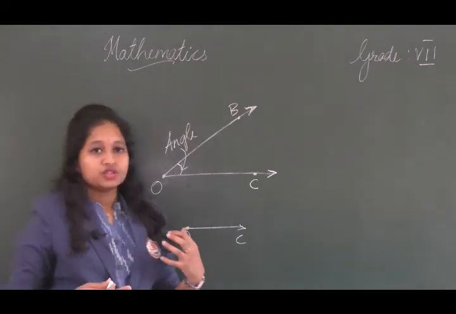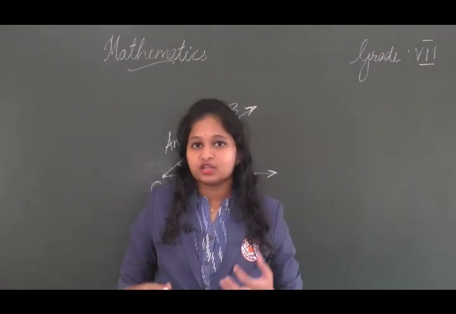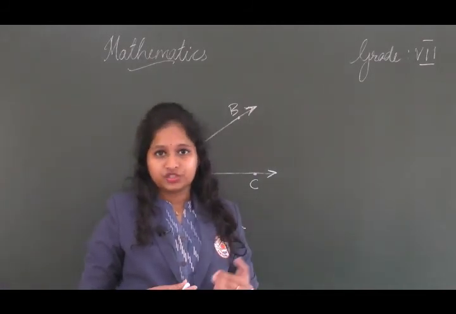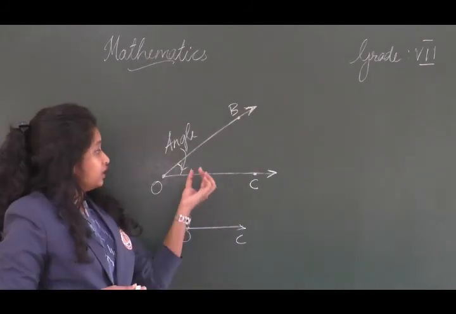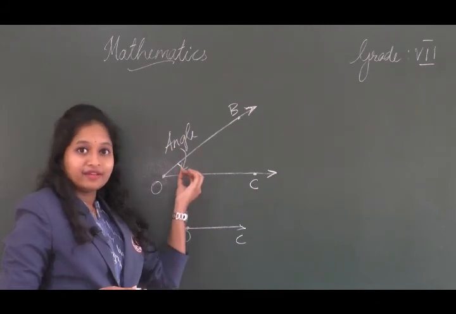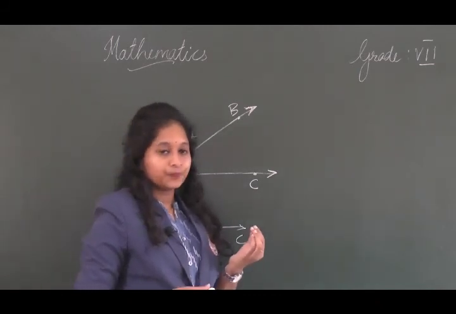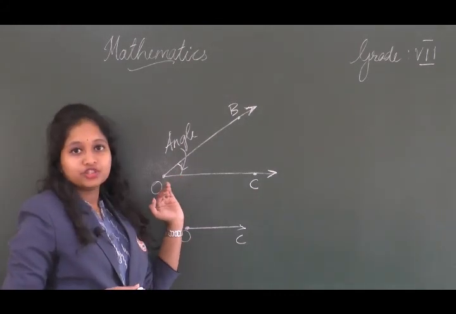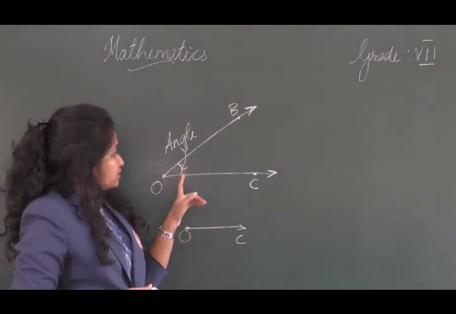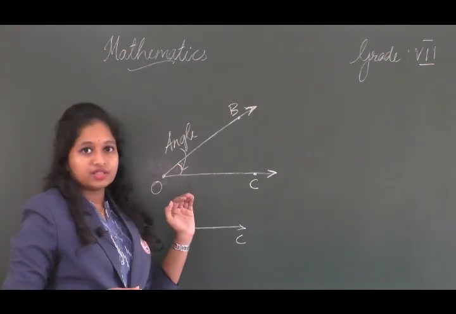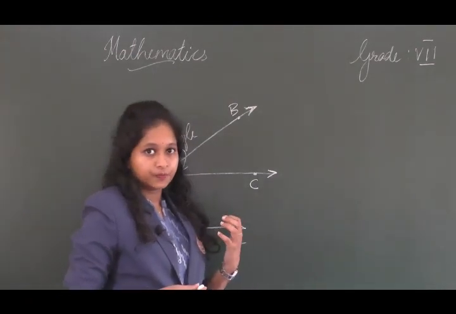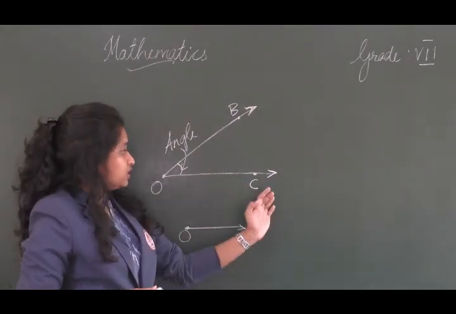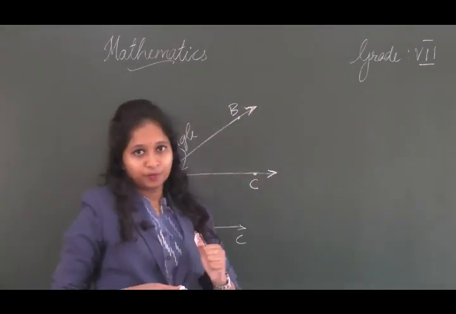So when two line segments or lines or rays meet at a common point, it forms an angle. Okay? Now if you carefully notice, this part is called the angle. There are two rays, OC and OB.